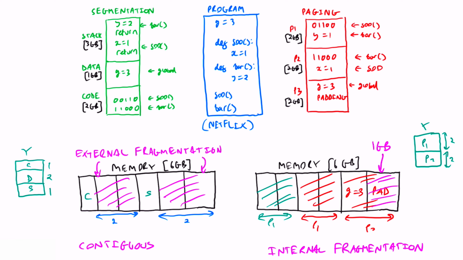Paging, on the other hand, does not result in external fragmentation, but because we're allocating fixed pages, even if we only need a small part of our page, we need to allocate the whole page. So we have internal fragmentation.